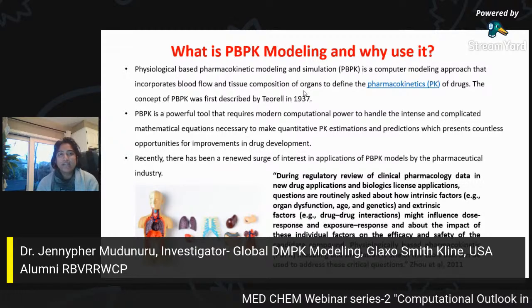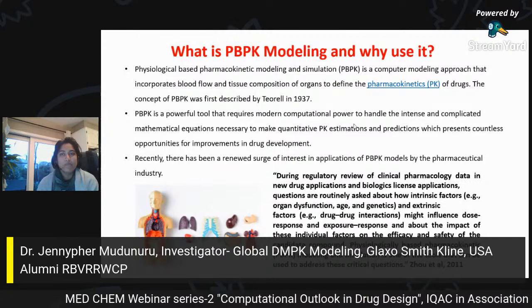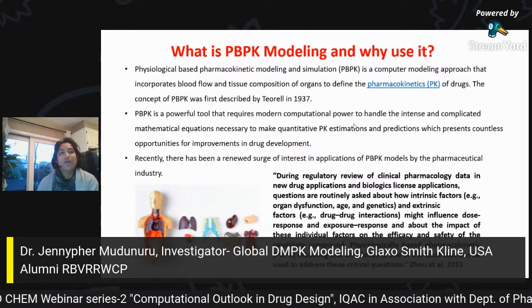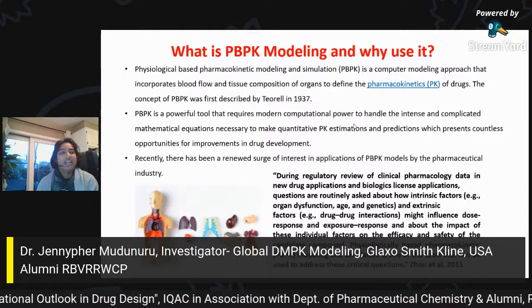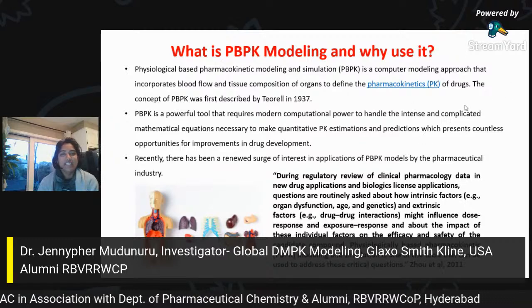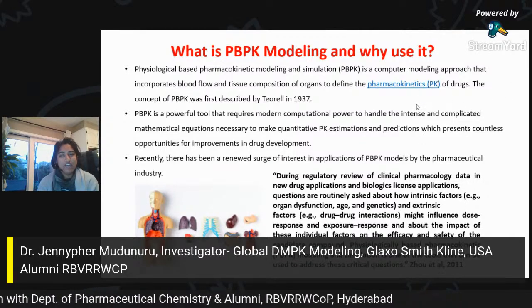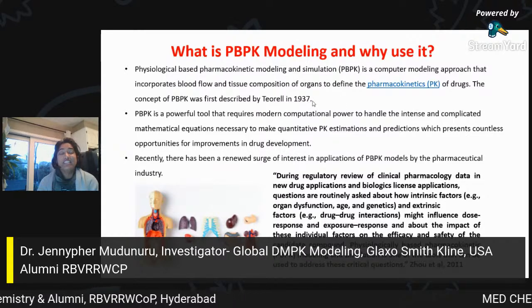Physiologically based pharmacokinetic modeling, also known as PBPK, is a computer modeling approach which incorporates the various compositions in the body, like blood flow, tissue composition, organs, and everything, to define the PK of drugs. It was initially described in 1937.